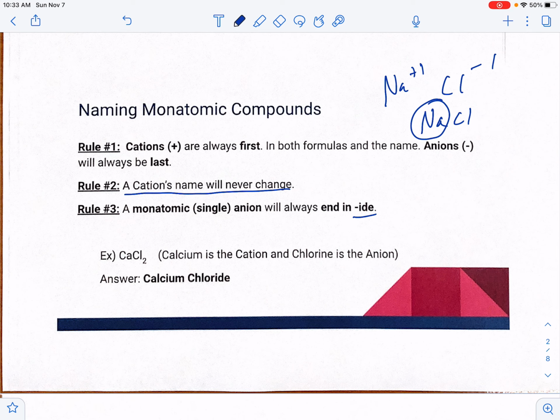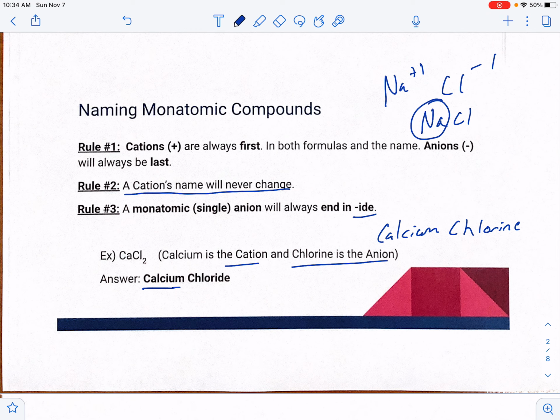So our example was calcium, so Ca, and chlorine, Cl2. So calcium is the cation, so that means it's going to be first, and then chlorine is the anion. So remember, we do not change the cation at all, so it's simply calcium. Now, instead of me just writing out calcium chlorine, which just sounds like you just slap two elements together, you're just saying random names, we're going to change that anion's name.